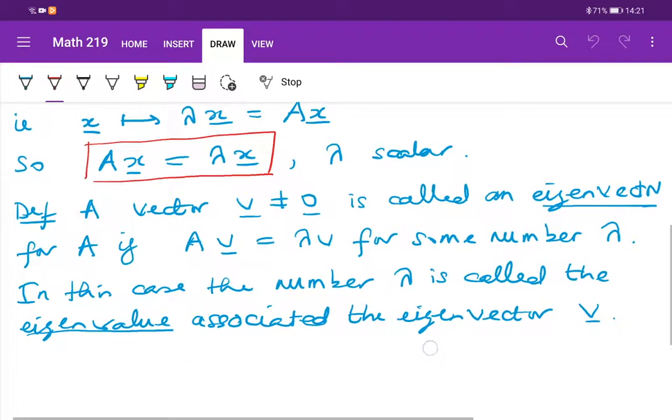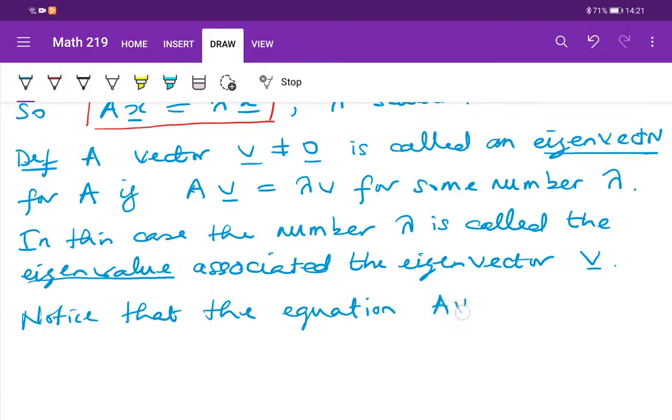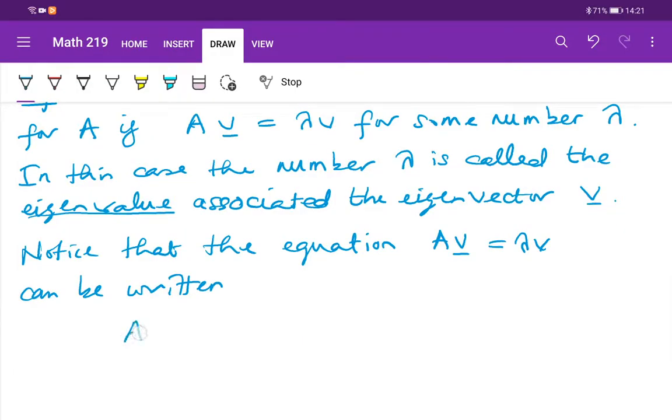Okay, so notice that the equation, so instead of x, we will call it v. Let's say AV equals lambda v can be written as A minus lambda I times v equals the 0 vector.